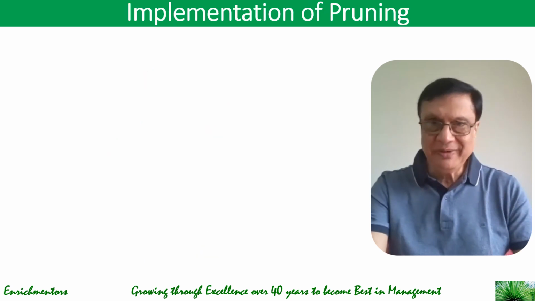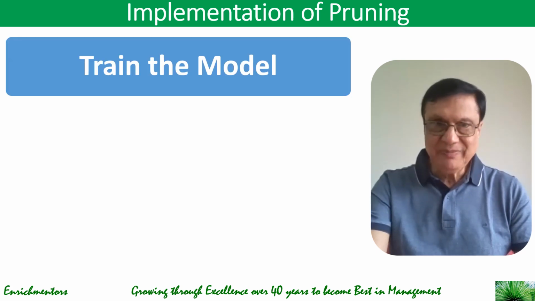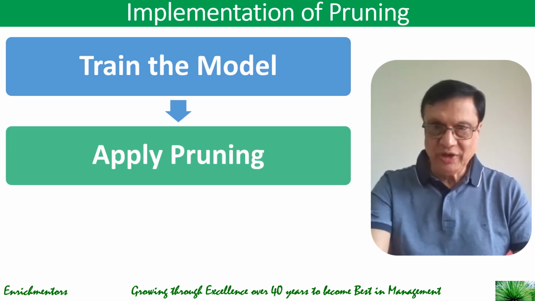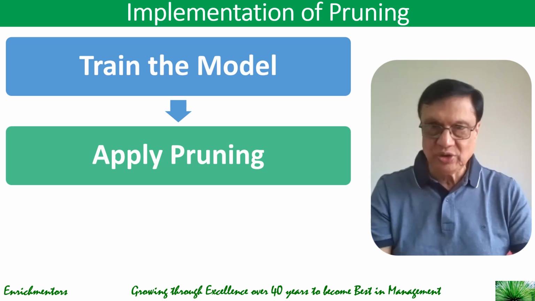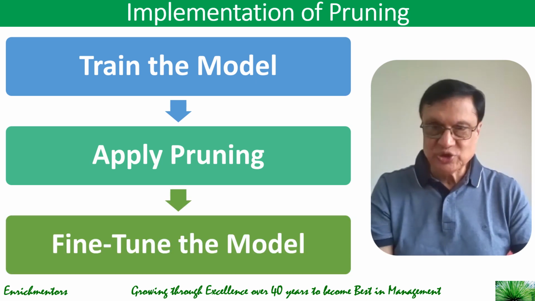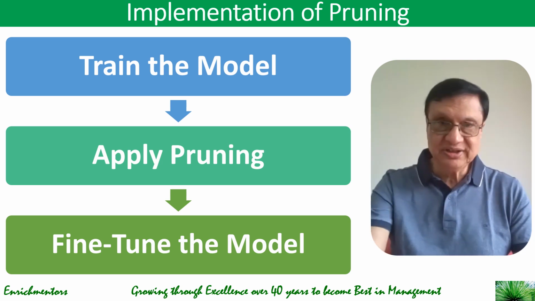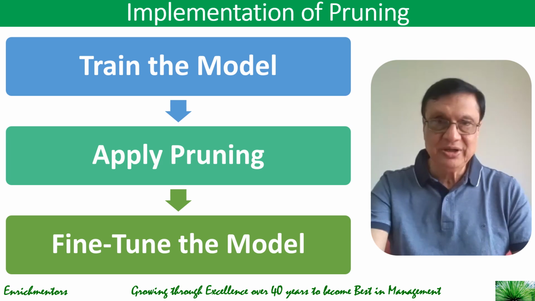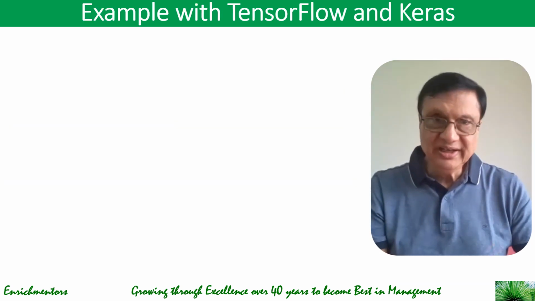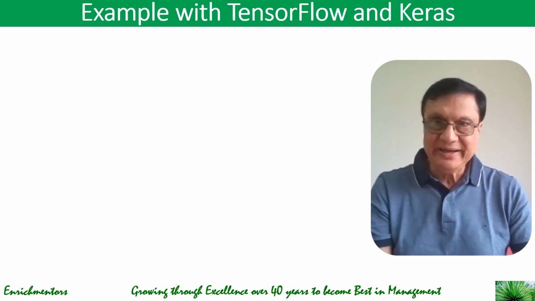Now, how can you implement this pruning? It involves the following steps. You can start by training your neural network model to convergence, as you do in the training. Then you apply one of the pruning methods to remove redundant neurons and connections. And after pruning, the model typically needs to be fine-tuned to recover any lost accuracy. So these are the three steps that you need to do to implement pruning. Let us look at some of the examples in this slide with TensorFlow and the next one Keras.